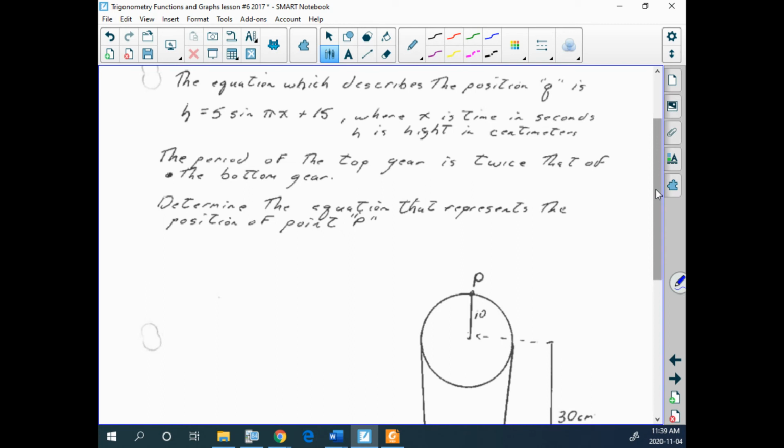The period of the top gear is twice that of the bottom gear. Actually, I'm going to change this.